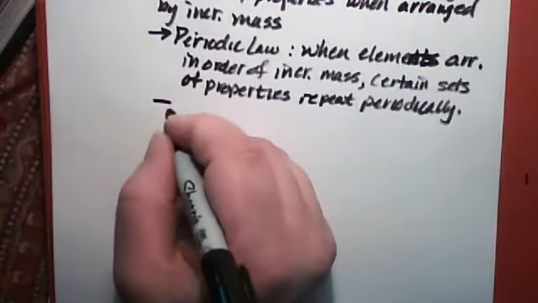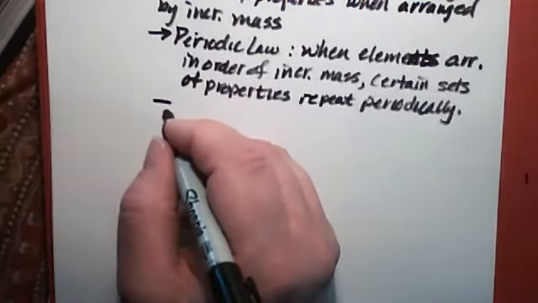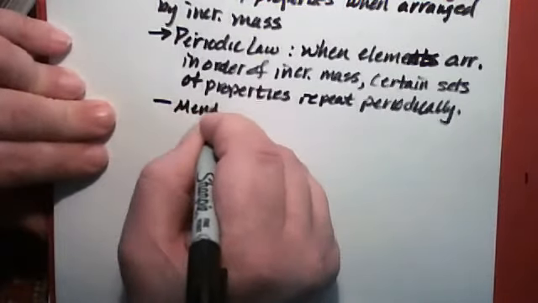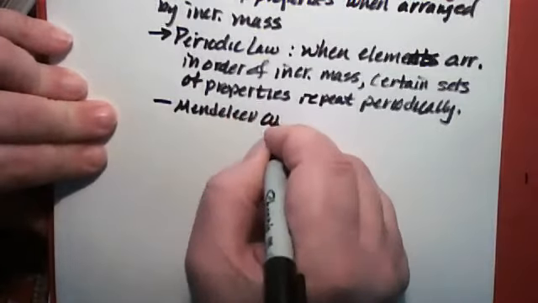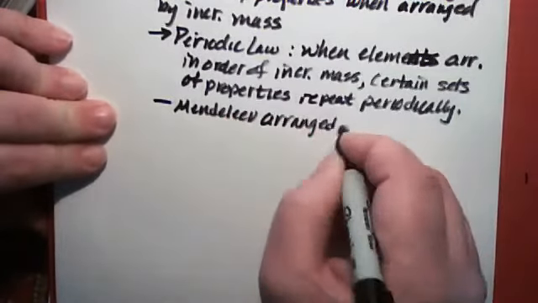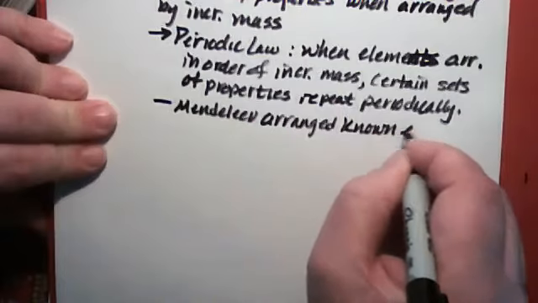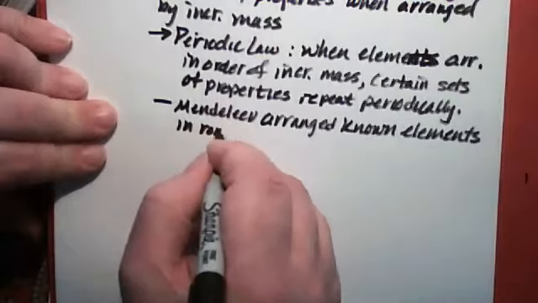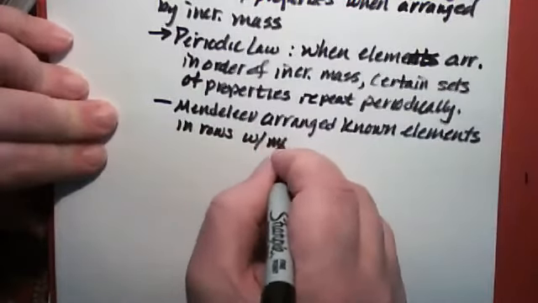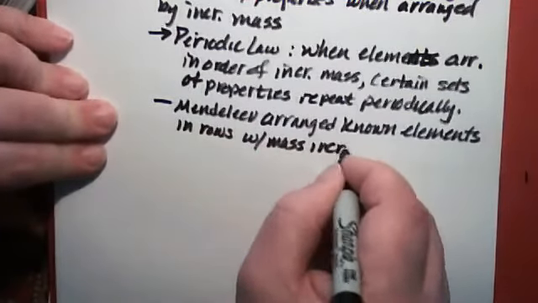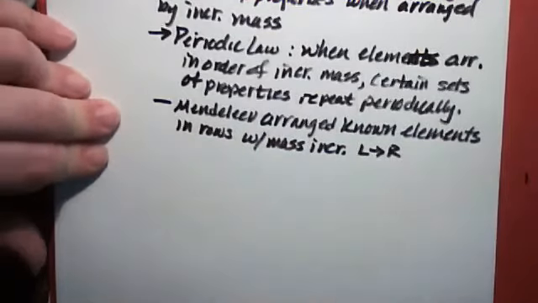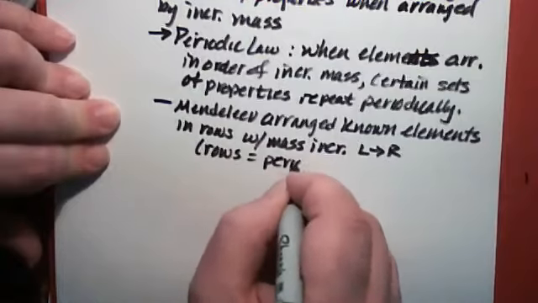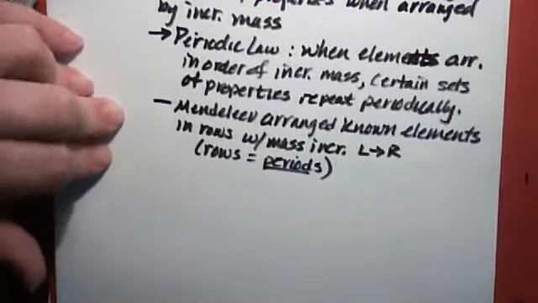Mendeleev arranged the elements in a table with the elements in rows where the masses increased left to right. Okay, and these rows are what we now know as periods in the periodic table.